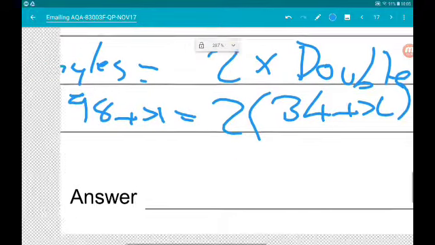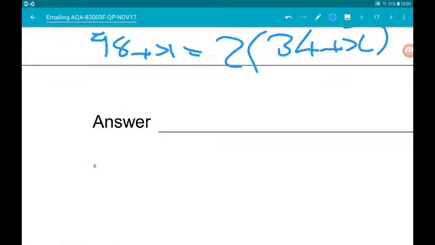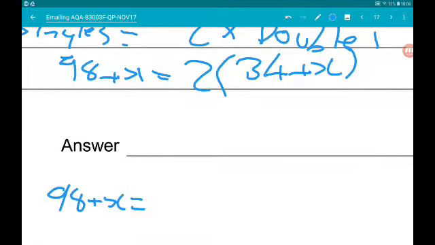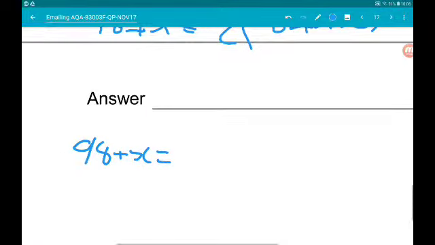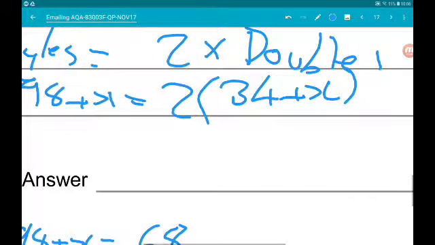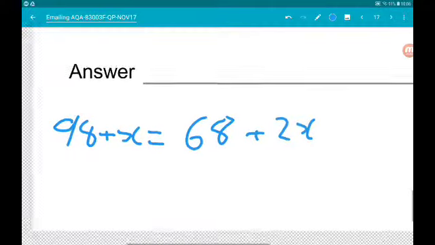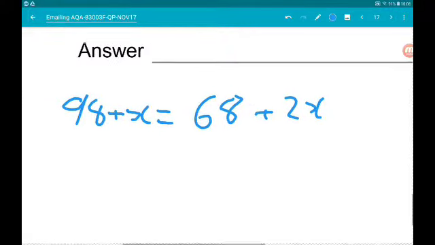Now, we got an equation here then to solve. So we got 98 add x. Now if we expand those brackets, 2 times 34 is 68. And 2 times x is 2x. Now we want to solve this for x.